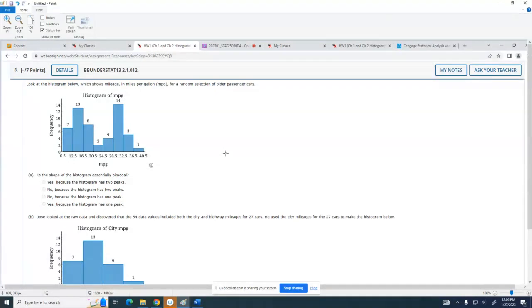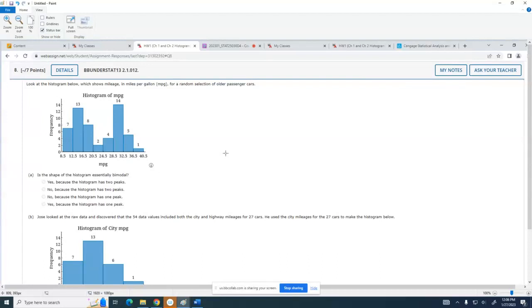The next one, 13 and 13: no case from the highway, all in the city. The next one is 8 and 6. Here only 6 are in the city, but overall it's 8. What does that mean? How many in the highway? 2. Where? Between 16.5 and 20.5.